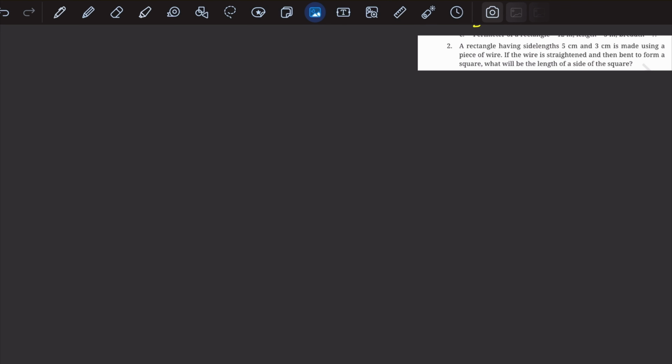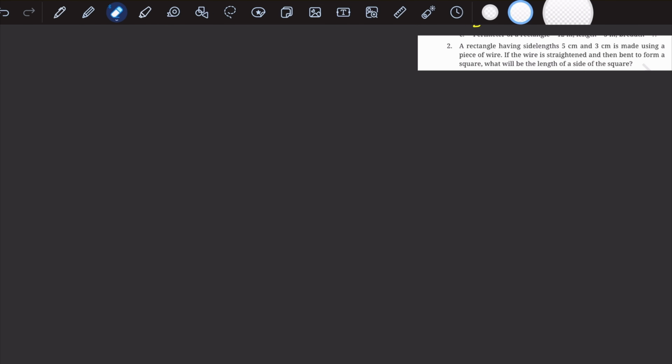A rectangle having side length 5 centimeter and 3 centimeter is made using a piece of wire. If the wire is straightened and then bent to form a square, what will be the length of a side of the square? Okay, so here we have given in the question that we have one rectangle.